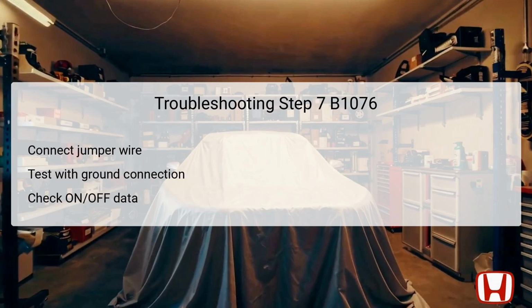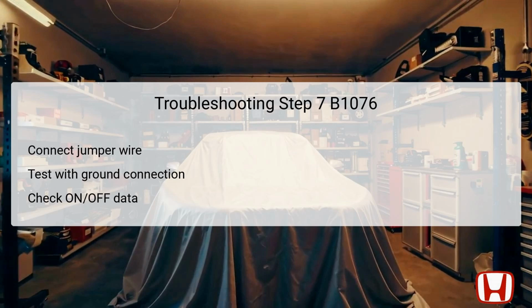Noting these results is imperative for determining if the relay control module requires replacement or any other component that could be faulty. In this step, you will connect a jumper wire between the relay control module connector B, 16P, terminal number 5, and a good body ground. This configuration is designed to simulate the relay's operation directly by creating a complete circuit. Once the jumper is connected, verify the on-off information of the windshield wiper switch backup in the data list again.